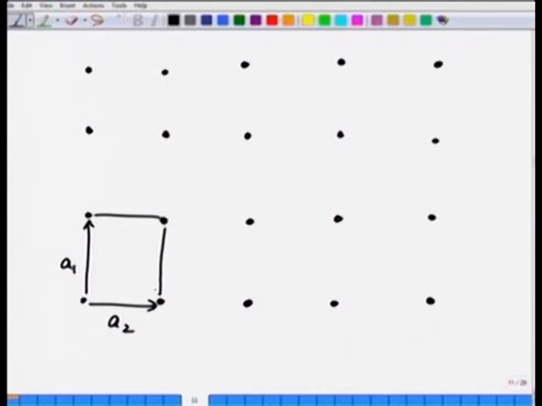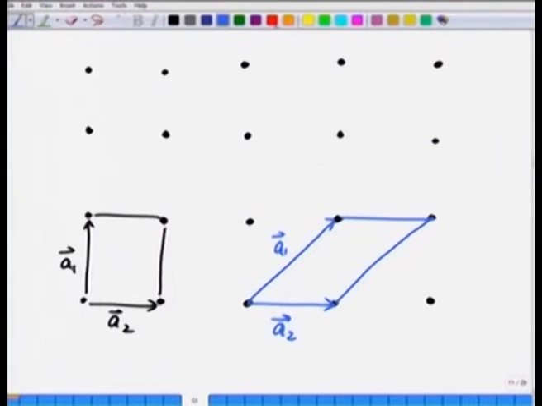Another person may choose to use this one as the A1 vector and this as the A2 vector, which will define an area like this. Another person may choose something different, exactly opposite. Let us say this is A1, this is A2, in which case this unit cell will look something like this.